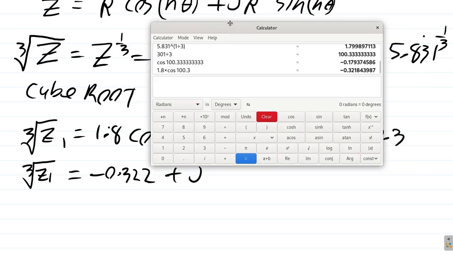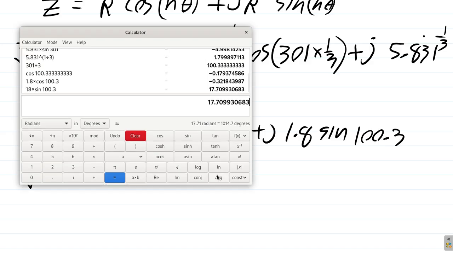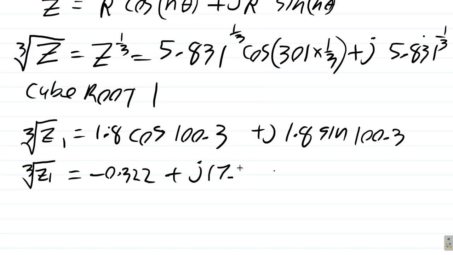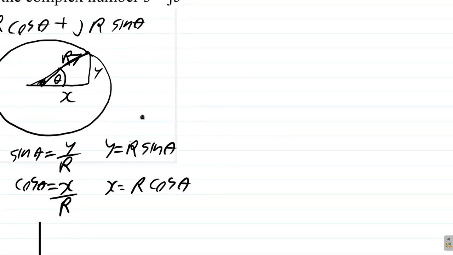It's going to be 1.8 multiplied by the sine of 100.3 equals 17.7. Is that what one that I got that I showed you before?